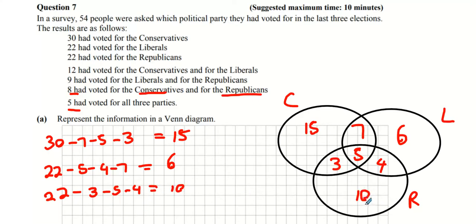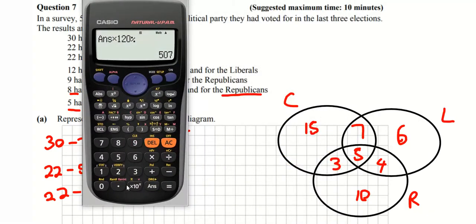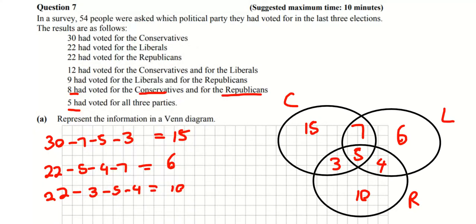Now I'm going to add all these up together just to see if I definitely get 54 people. Might be worth checking that out. 15 plus 7 plus 5 plus 3 plus 6 plus 4 plus 10 is 50 people. So that means 4 people voted for none of them.